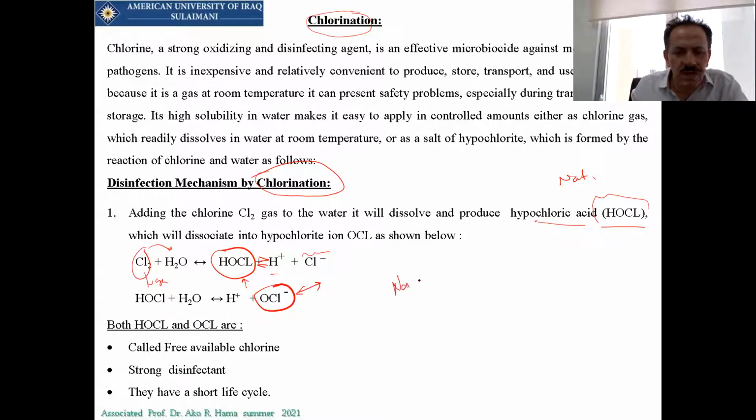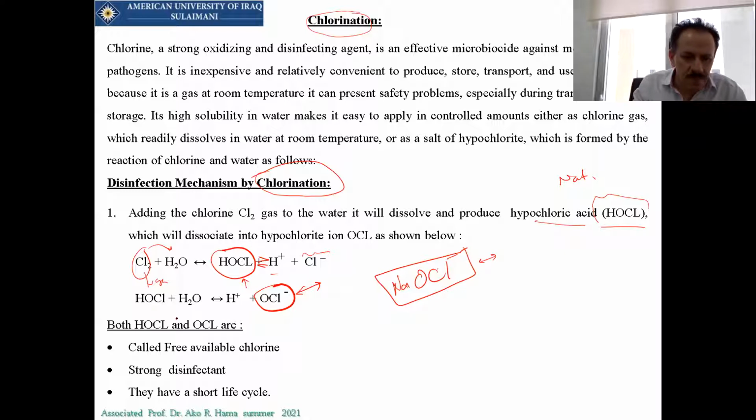Usually it will be NaOCl, the one in the white bottles, which are called flash or mu'jiza. This is the NaOCl.